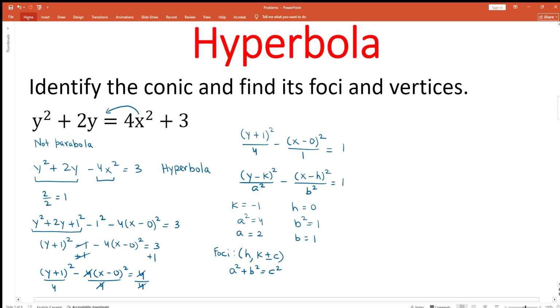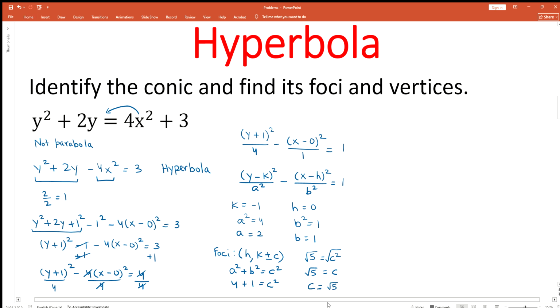We can sub in the values. A square is 4, b square is 1. We can apply square root to both sides. I get c equals square root 5.